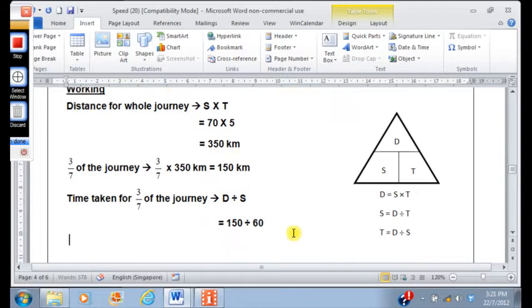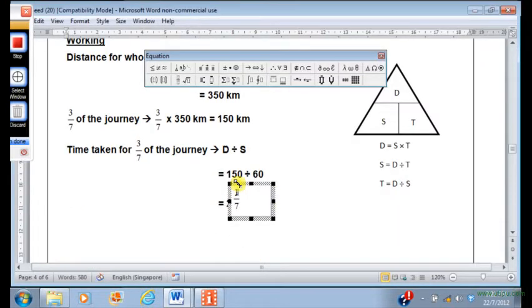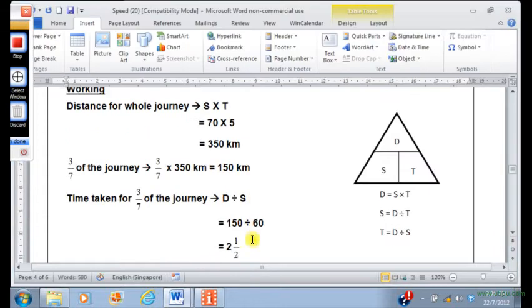What does this give you? This gives you 2.5 hours. Okay, so time taken for 3/7 of the journey is 2.5 hours.